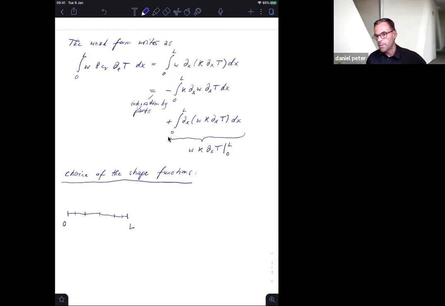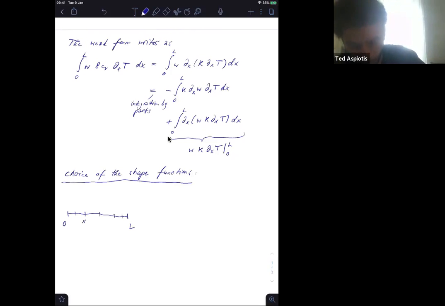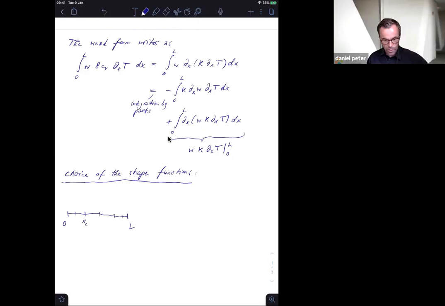Let's say we have these locations for element E, which goes from xe to xe plus 1, etc. And so this is going to be mapped onto our reference element, which goes from -1 to 1, where we have then the coordinate xi.